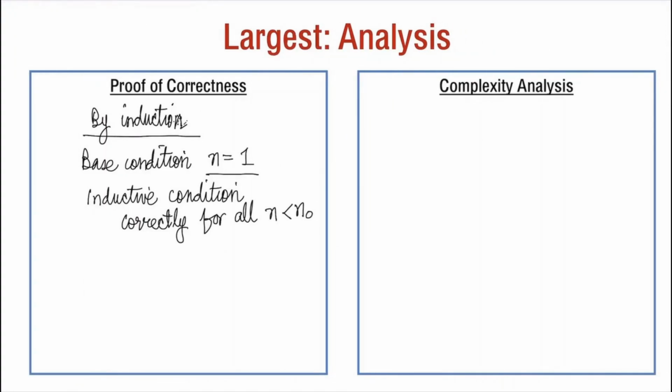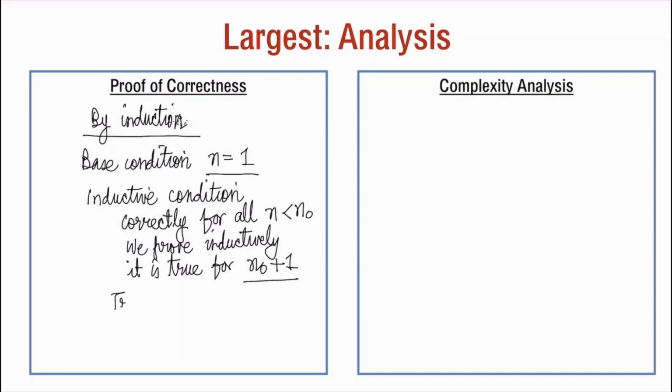So once we know it is true for n naught, we prove inductively it is true for n naught plus 1, and therefore it is true for all n greater than or equal to 1.